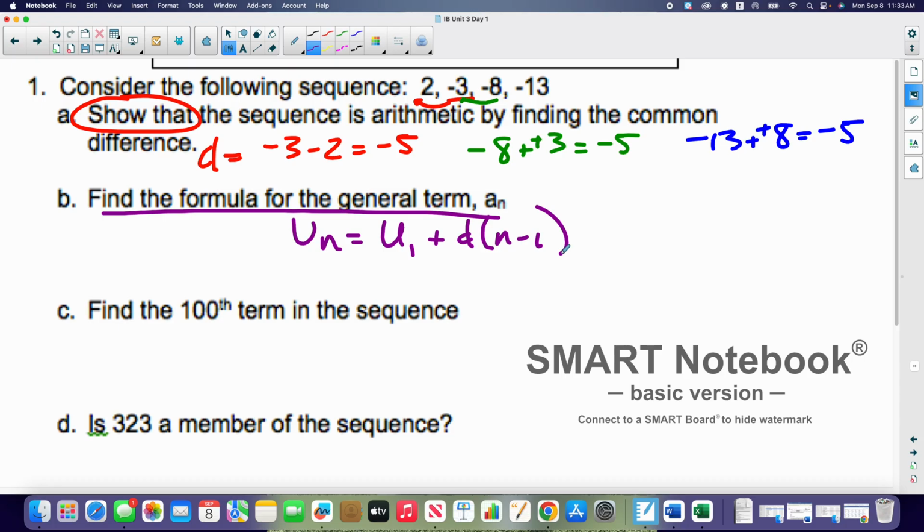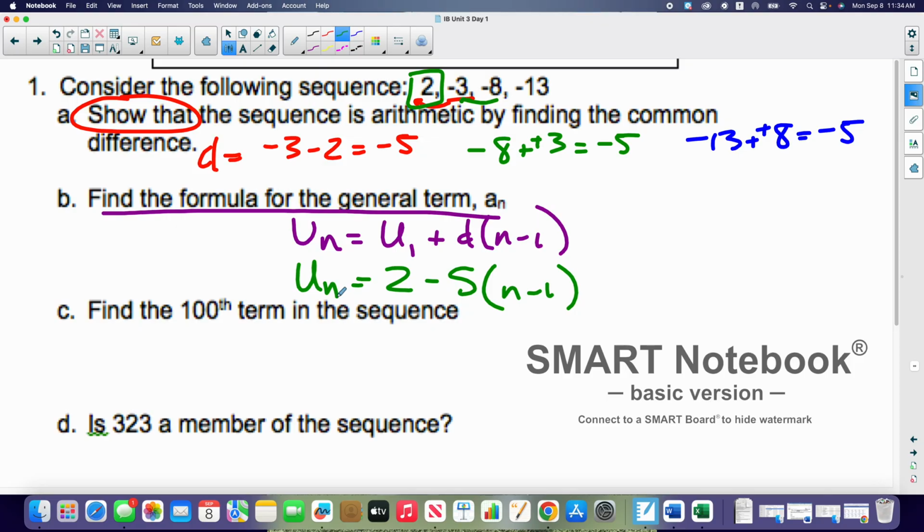What do you know in that formula right now? We know the D, we just found it, and we know what? The first term, which is 2, and we know the common difference, which is -5. All right? So what I have right here is my general term.